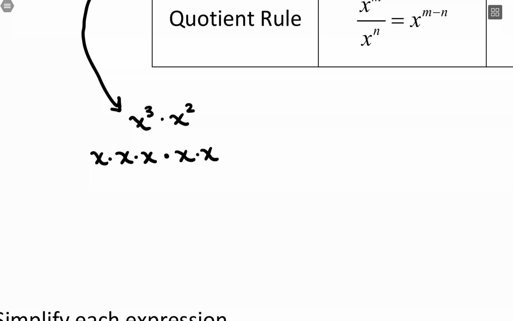So really in the end, we have 5 of these x's multiplying to itself. So that would give us x to the 5th. It's just that when we start making these exponents larger, it can be difficult to visualize writing out all of those pieces, but in the end you just end up adding how many x's you have plus how many x's you have when you're multiplying them together.